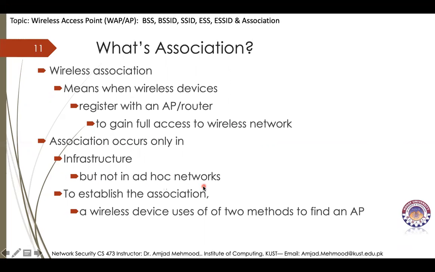As you know, wireless networks are divided into two branches: infrastructure-based, where you have infrastructure, and infrastructure-less, like ad hoc networks. So for association, you need infrastructure.